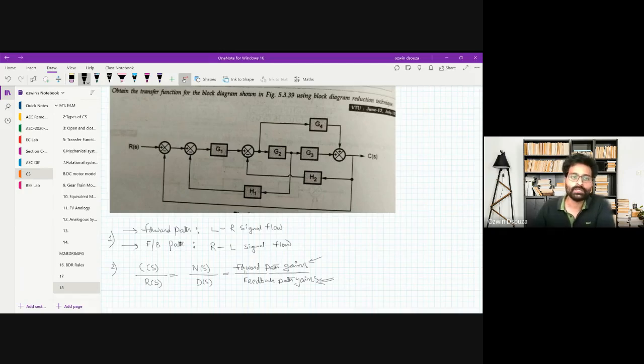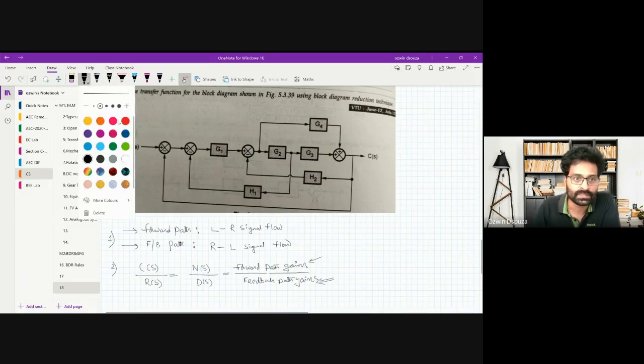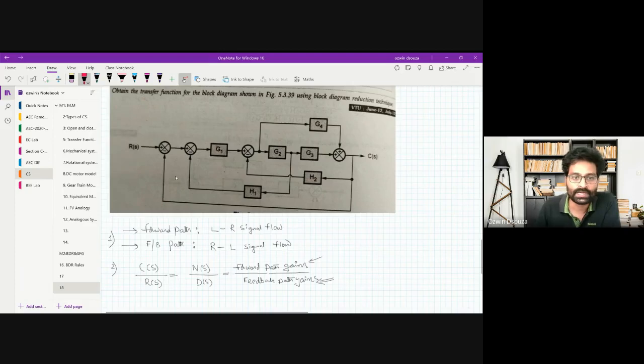Now let me tell you how you are going to identify the forward path gains. Let me choose a different color. What did I say in the beginning? Forward path is nothing but the path in which the signal flows from left hand side to right hand side.